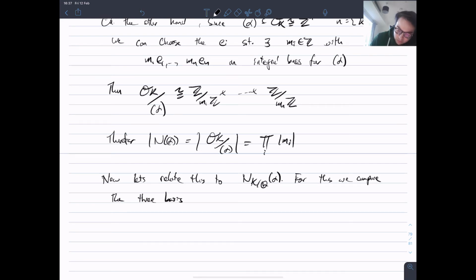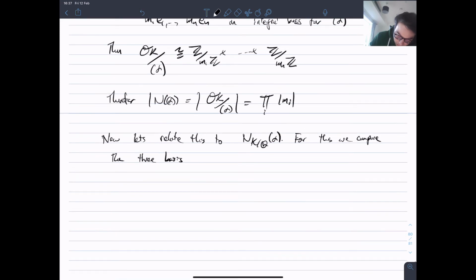I gave you two bases for alpha, but I have three bases for K over Q. The first one was just e1 up to en.